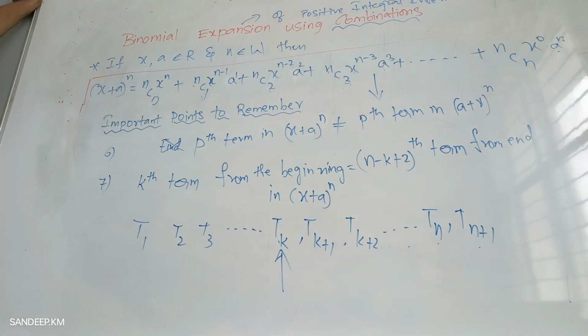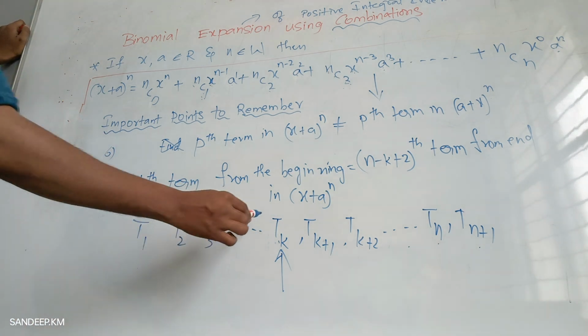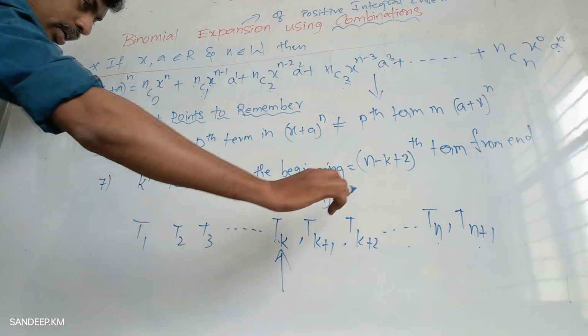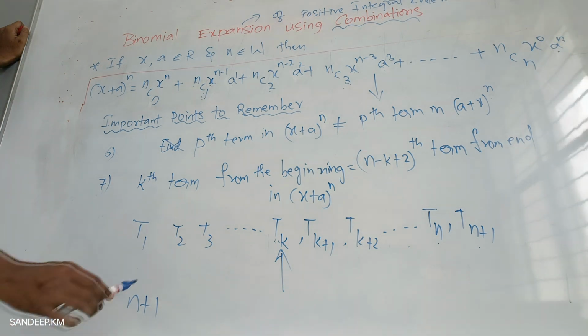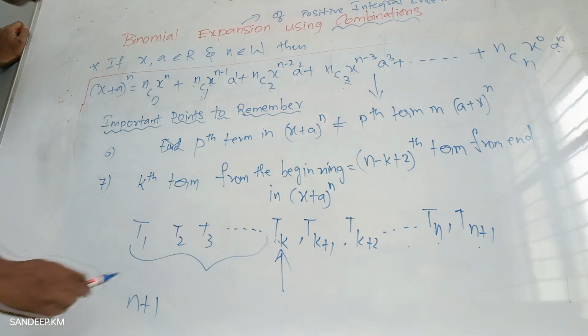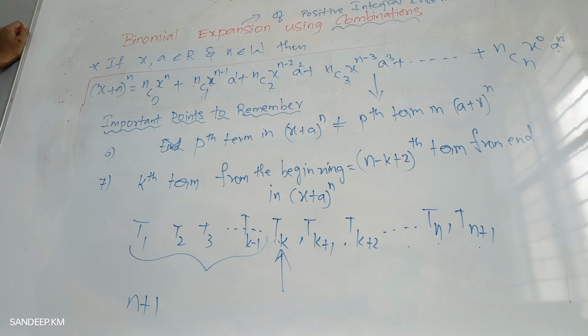But how do we know that? Very simple. Just observe one thing. I want the number of this term, correct or not? So what I will do is, from the total n + 1 terms, I will remove all the terms before it. So what is the term before it? Tk-1. Correct or not?